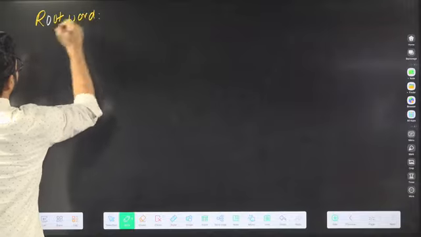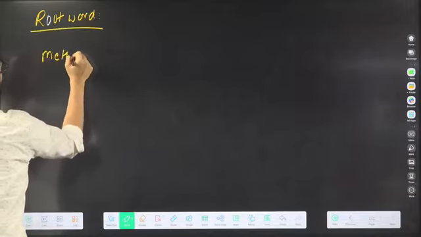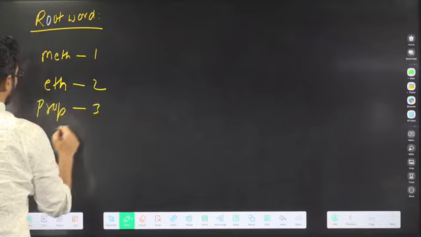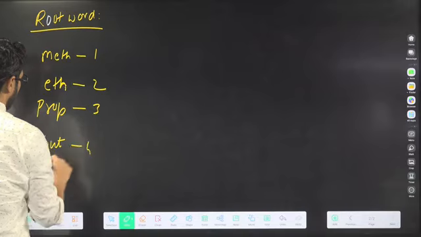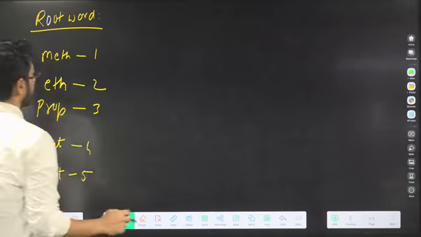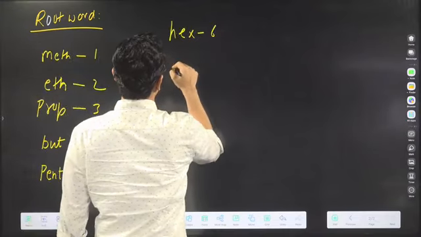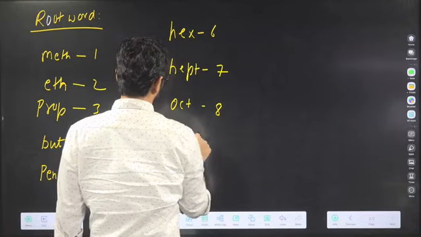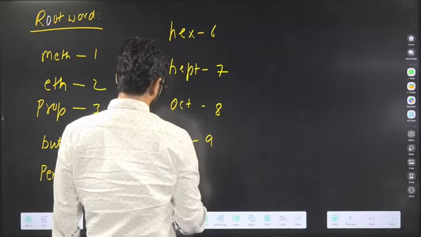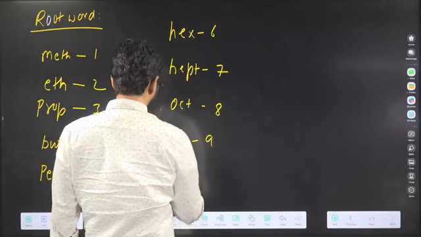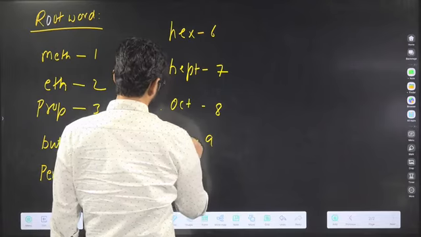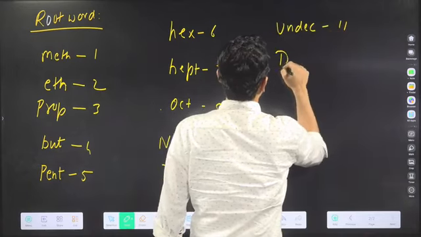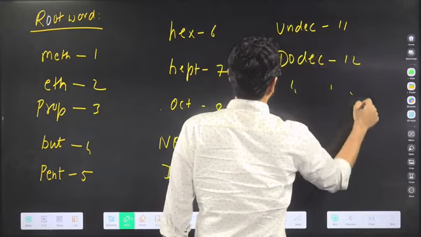Then you can mention the root words: meth, eth, prop, but, pent, hex, hept, oct, non, and in the IUPAC periodic table usage, undec, dodec, like this.